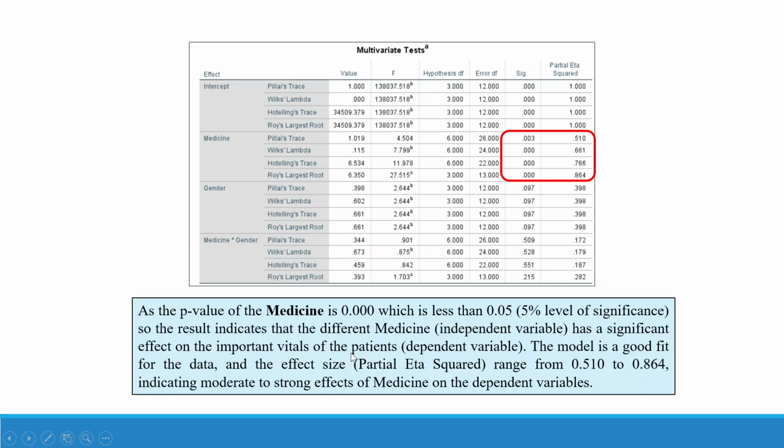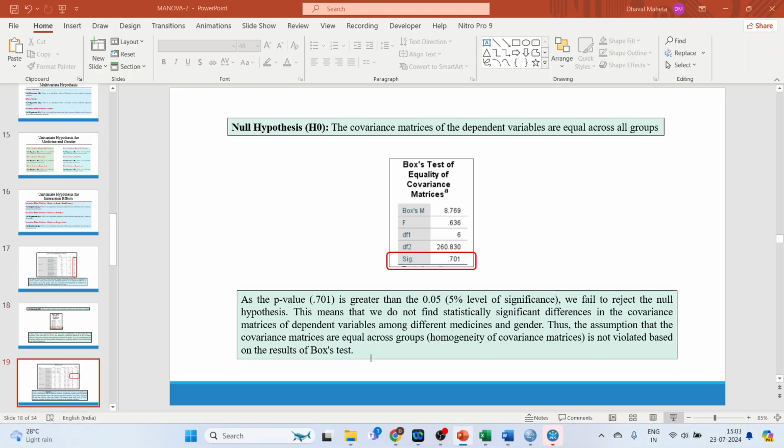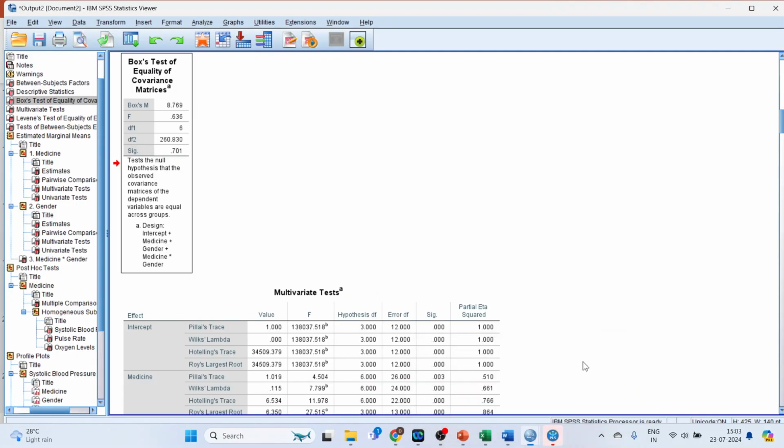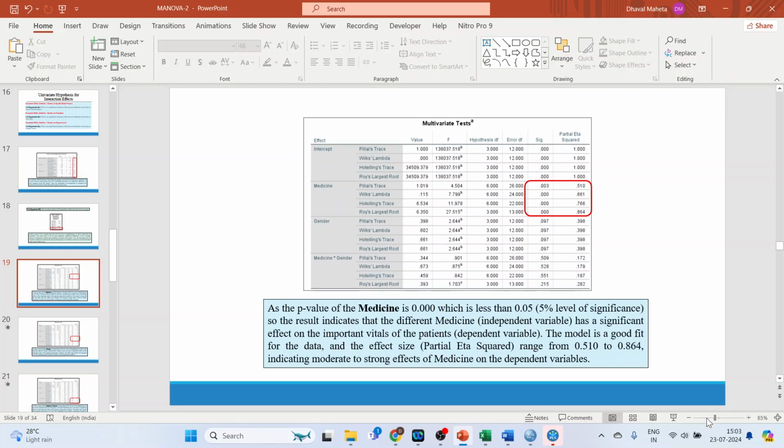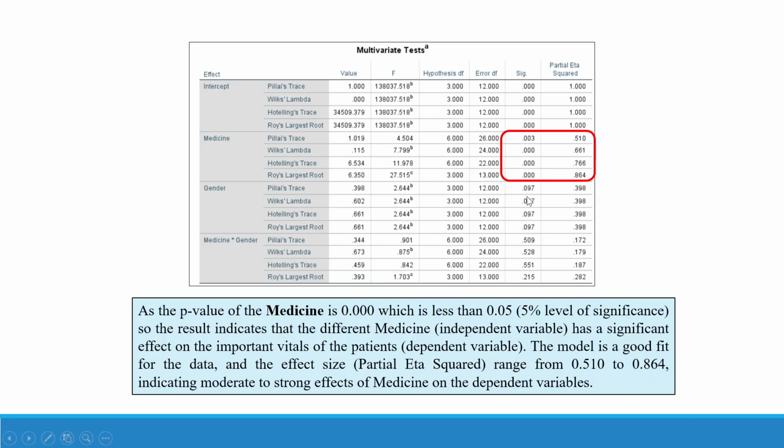The next is the multivariate test. So this table I can get from here. Yeah, here it is. Right click, copy. Okay, let's start with the interpretation. We will have to focus on the p-value and the partial eta squared. The p-value of the medicine, this one, is 0.00. So all of them are having a value less than 0.05.